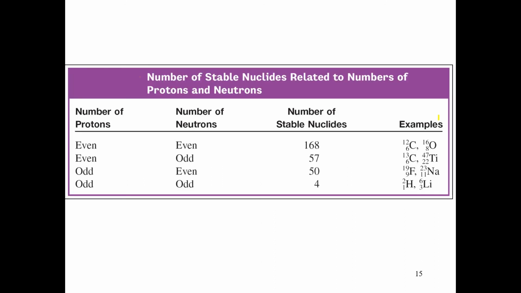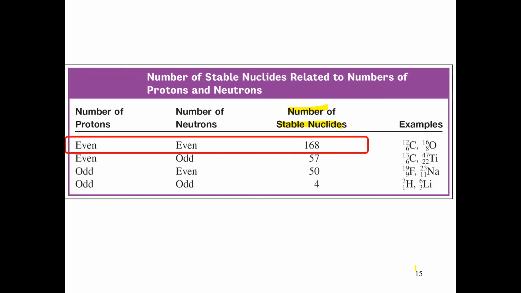You can see this on the following table, which you may have a form of in your textbook. And what is important here is look at the third column. It tells what are the number of stable nuclides for each of the known isotopes.